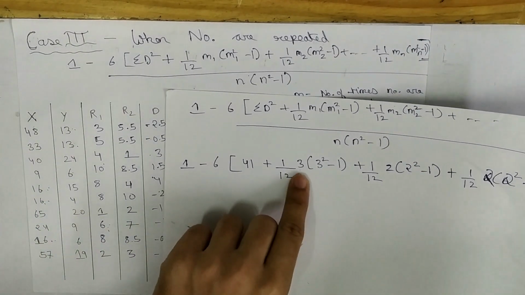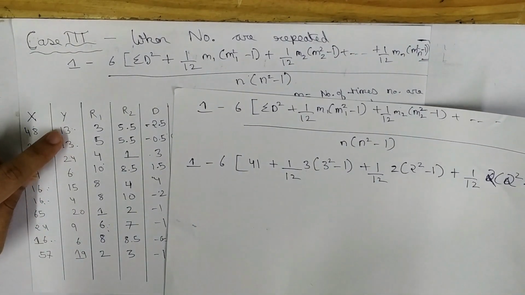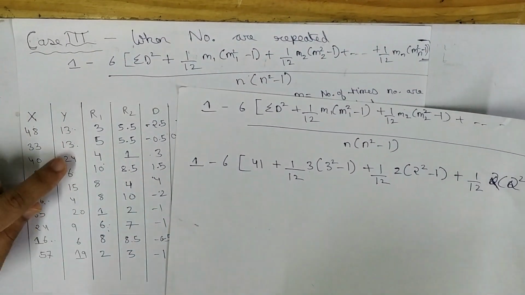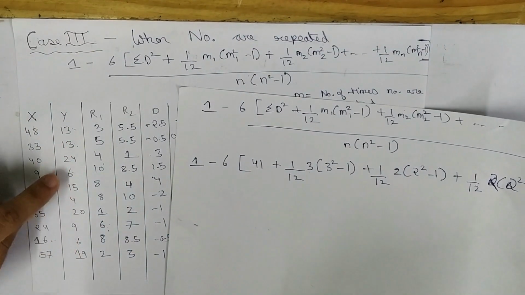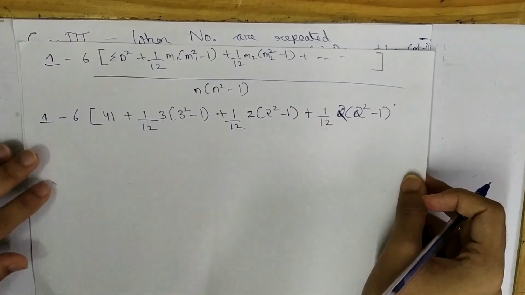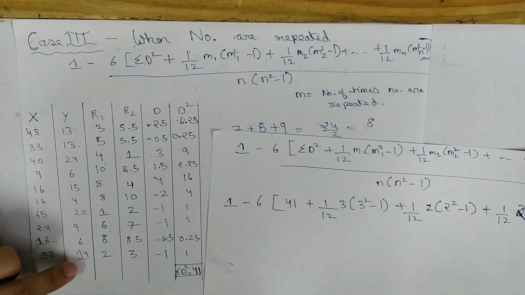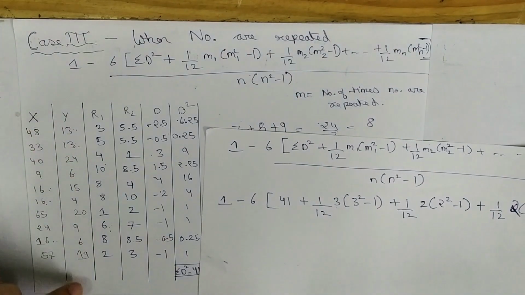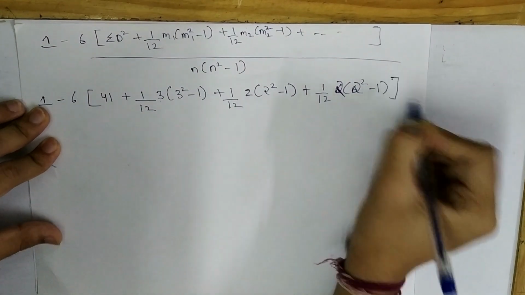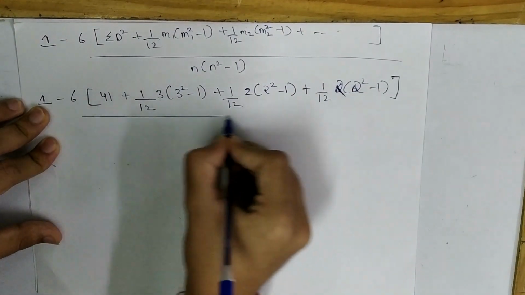So we put 3 here. After this, in this column, a number is repeated 2 times. We put 2. And another number which is repeated, which is 6, is also repeated 2 times. So we put 2 here. After 6, there is no other number in this column which is repeated. So this will be the final thing which we have to calculate.